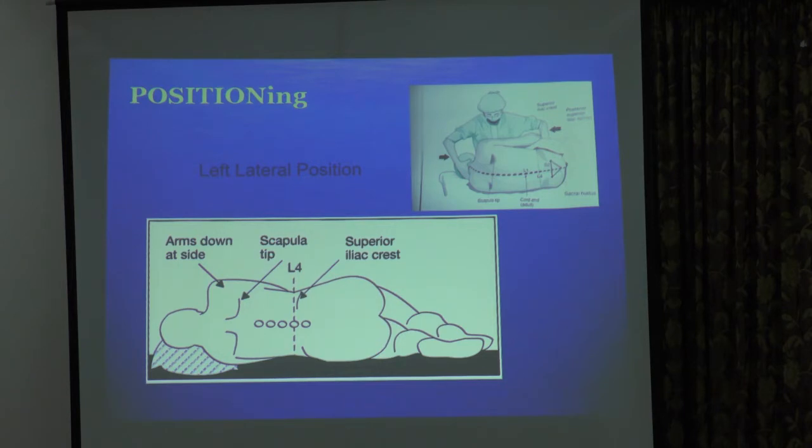Why don't you just block the left leg alone? Because of gravity, and your drug is heavy, if you're going to do the spinal on the side, then the patient must lie on the side of the pathology, so that you do the spinal in that position. And you can let the patient lie in that position for as long as you wish, so that the drug settles on that side.